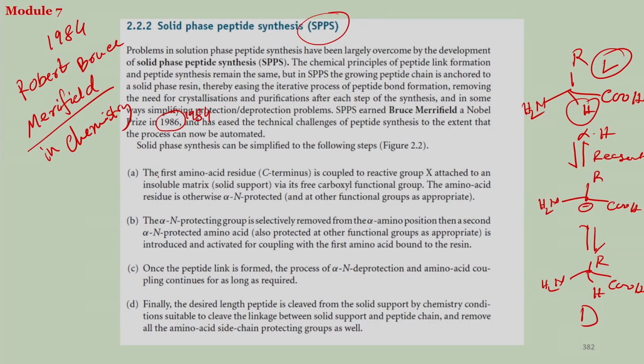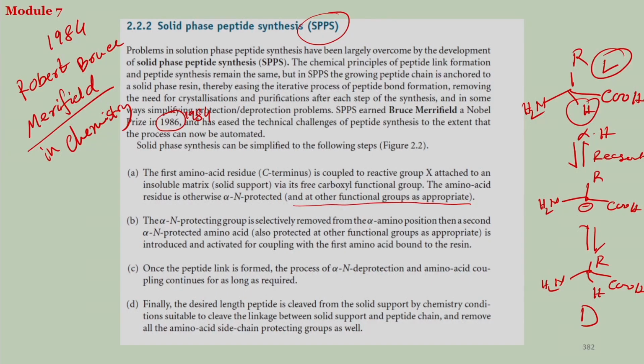Okay. So, the first step of the solid phase synthesis is that the first amino acid residue is coupled to reactive group X attached to an insoluble matrix. I will explain via its free carboxyl functional group. The amino acid residue is otherwise alpha N protected and at other functional groups as appropriate. This means the side chains should be appropriately protected also.